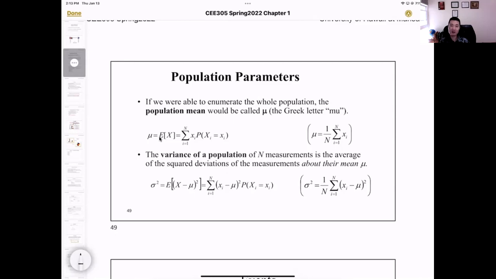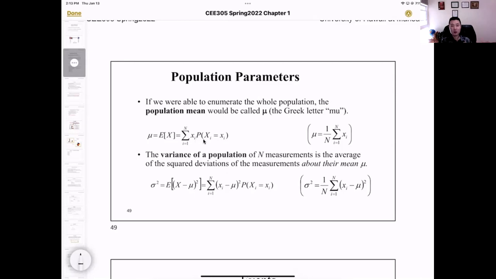Mu again is the mean value for the whole population. It is equal to the sum of xi times P(X = xi), where xi is the value for the i-th item and P is for probability.